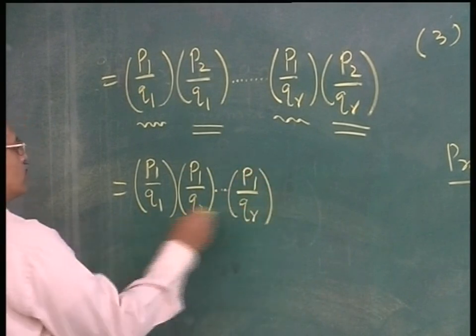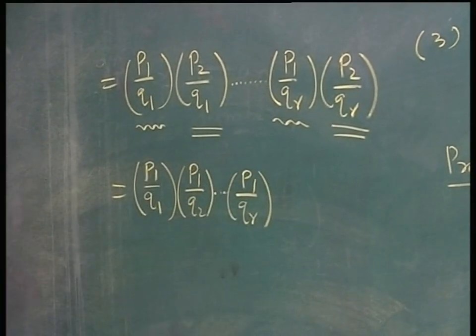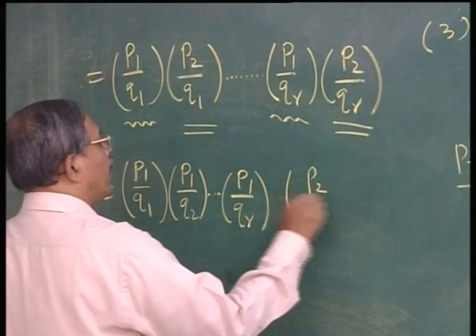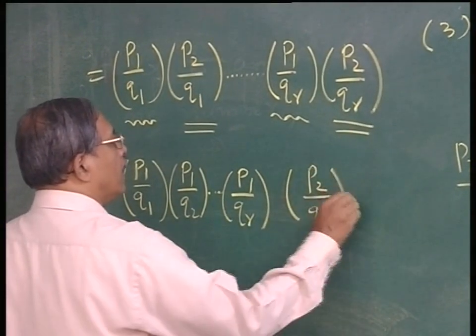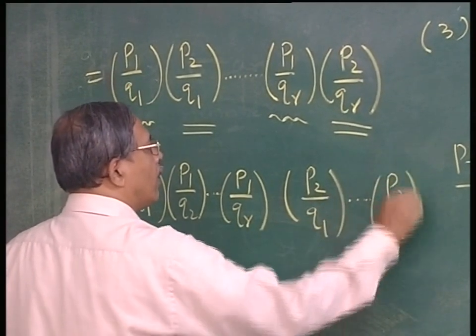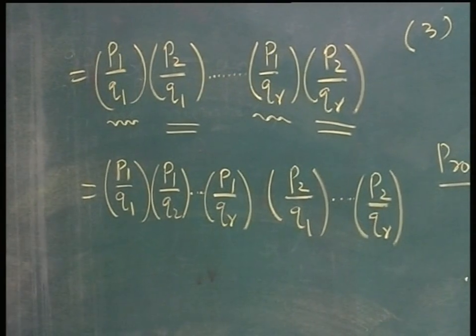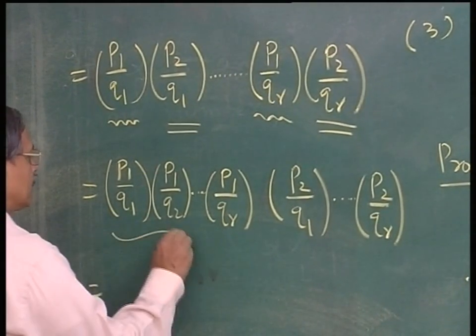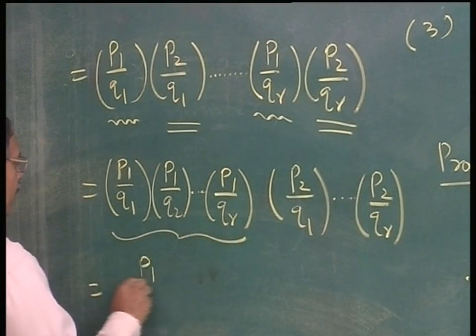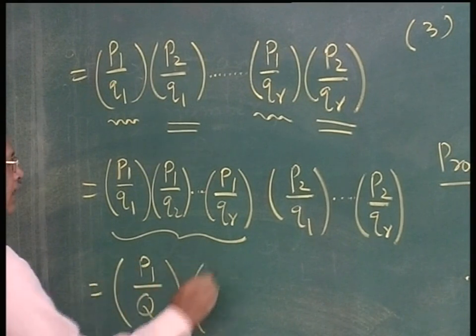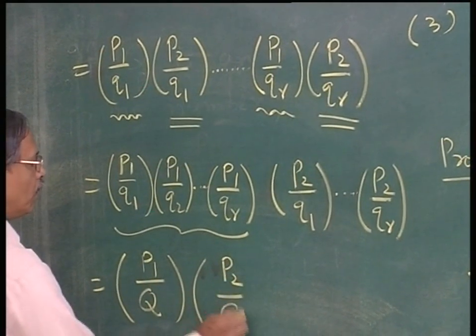So all terms corresponding to P1 we have taken together, and then take (P2/Q1), etc., (P2/QR). What does this give? This is (P1/Q), and this is (P2/Q).